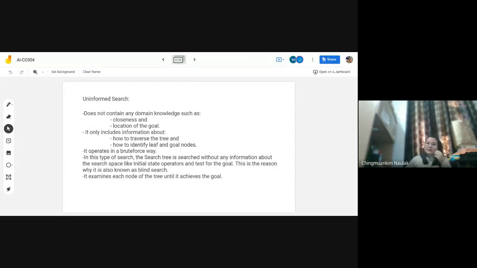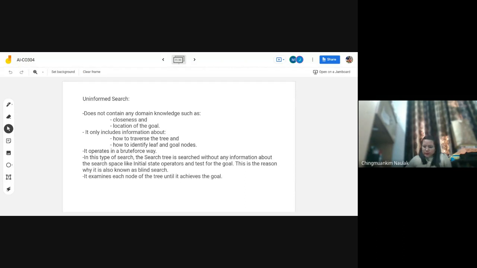As you can see on the screen, it does not contain any domain knowledge about the closeness and the location of the goal. It includes information only about how to traverse the tree and how to identify the leaf nodes and goal nodes, and it operates in a brute force way.